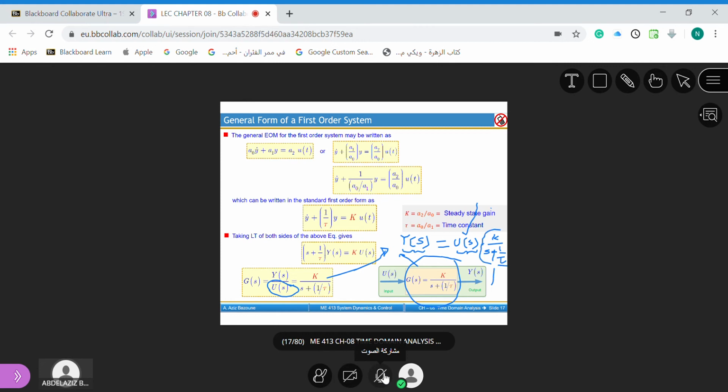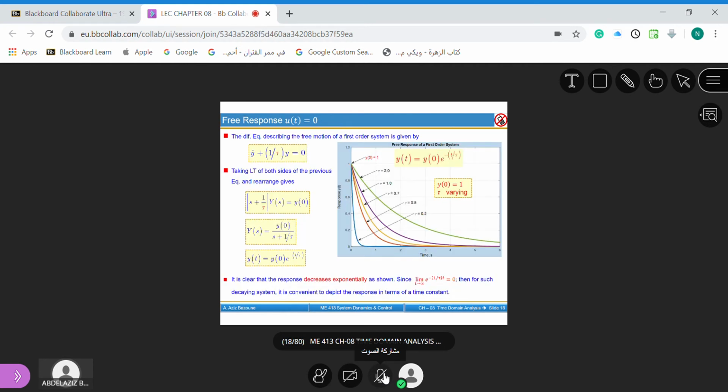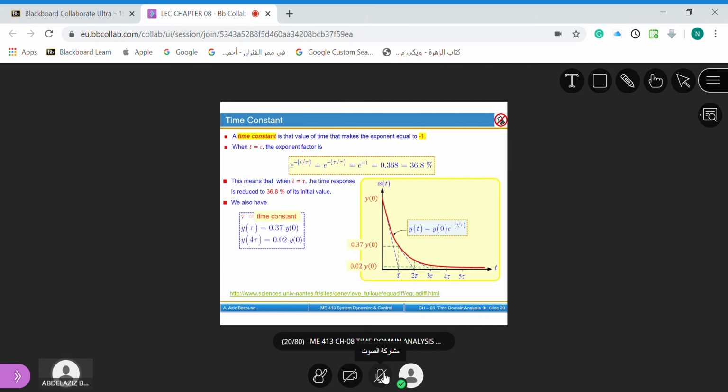The transfer function we have. So we are looking for the output. If U of S is an impulse, U of S will be B. Then all we have to do is find the response for this equation.